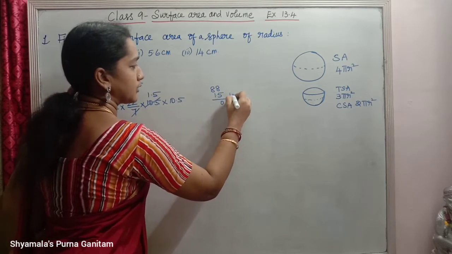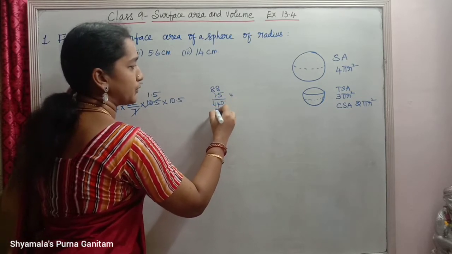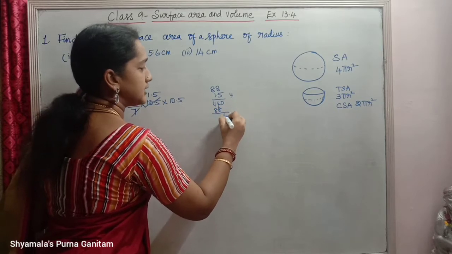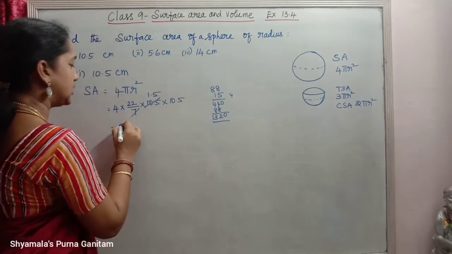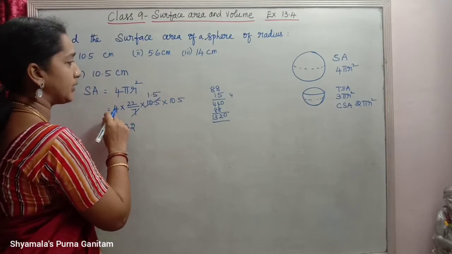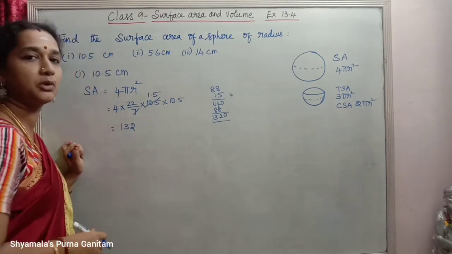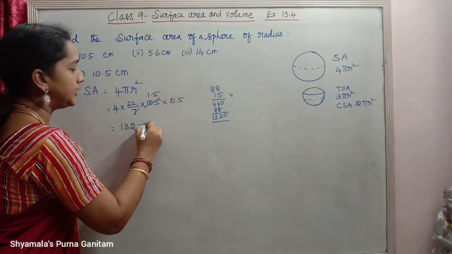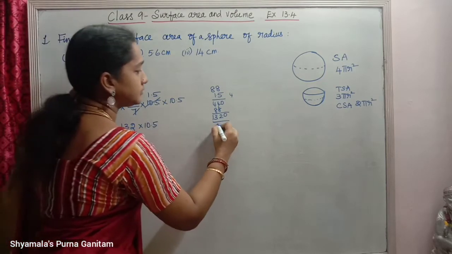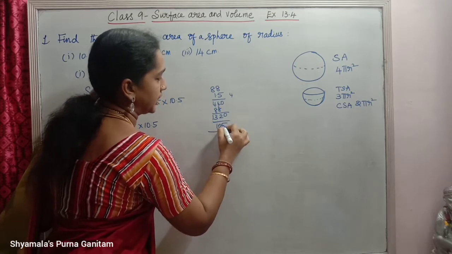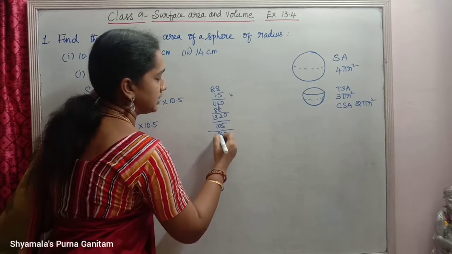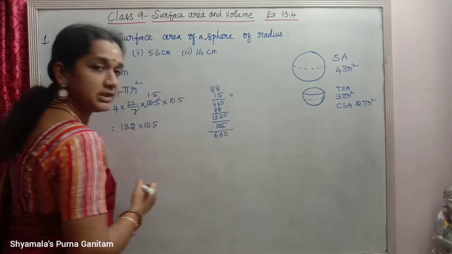So 8 5s are 40, plus 4, 44. Then 88, 0. So 132. So when we multiply these 3 numbers, we will get 132 into 10.5. So into 105. So 5 2s are 10, 5 3s are 15 plus 1, 16, 5 1s are 5 plus 1, 6.